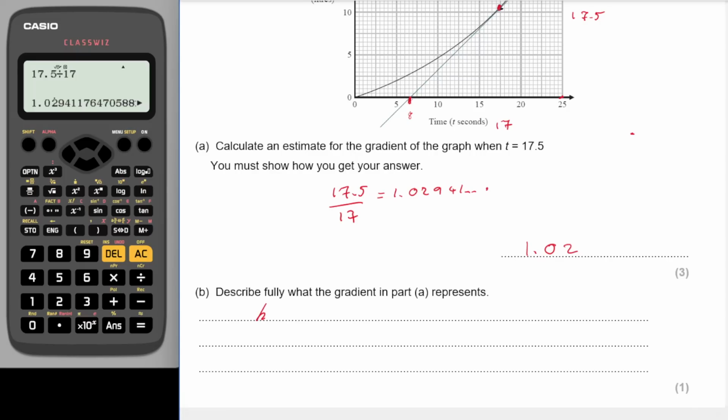So in effect it's how many litres per second the water in the tank is increasing by.